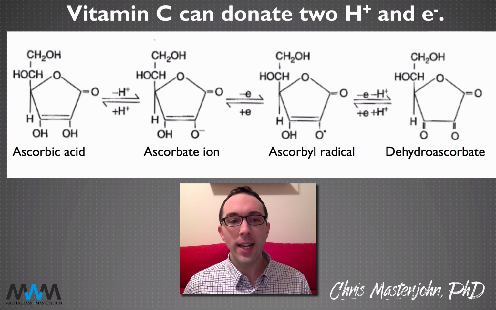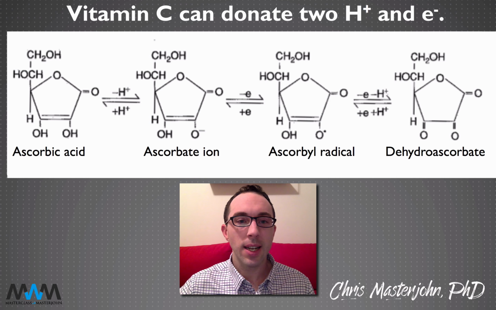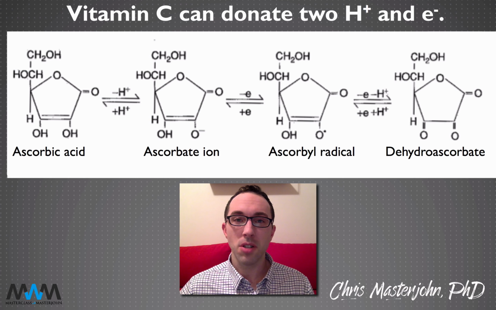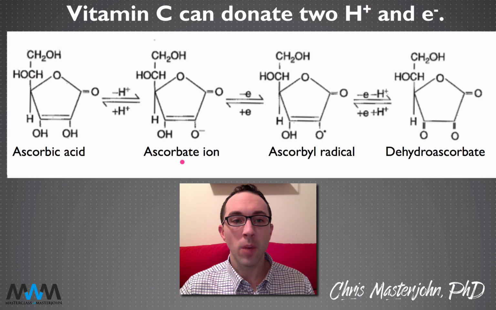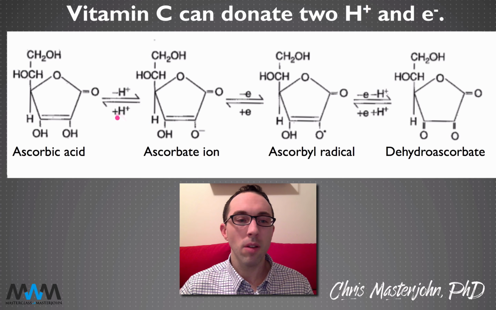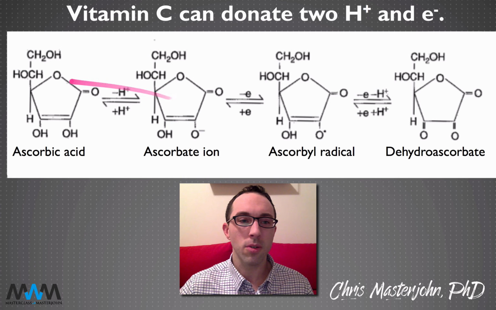Now, why does this matter for our food? Well, we can manipulate the ratio of ascorbic acid to ascorbate ion in a solution by controlling the acidity. So if we add acids to a solution that has vitamin C in it, then we'll have more hydrogen ions, and these greater number of hydrogen ions will add themselves to this O-, and that will shift ascorbate ion towards ascorbic acid.